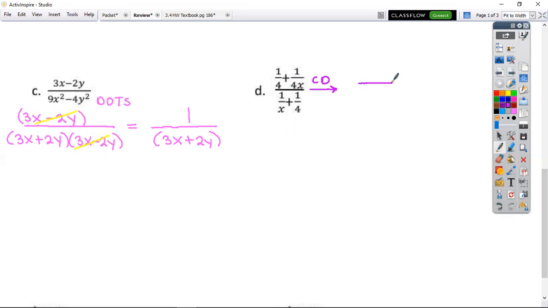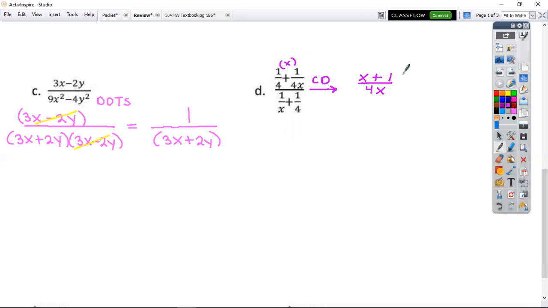So on the top here, what should we use for 4 and 4x? Yep, just 4x. Take the bigger of the two. So this first one has a 4. It needs to get multiplied by x. So x. The second one is all set up. So that one you just recopy the 1.